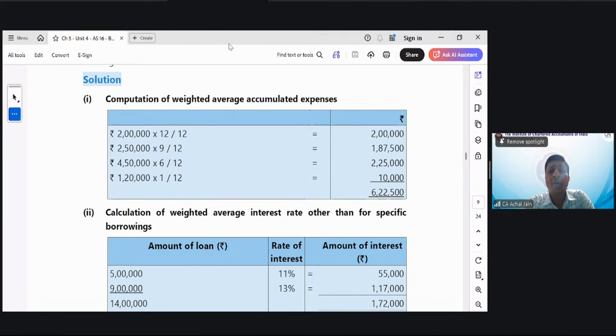Why do you withdraw at different points of time? Because you are utilizing it at different points of time. It's not about the drawing power. The important part is when the money is getting utilized.